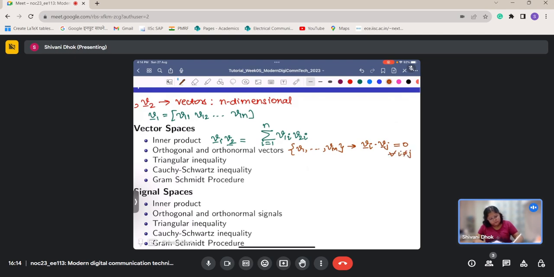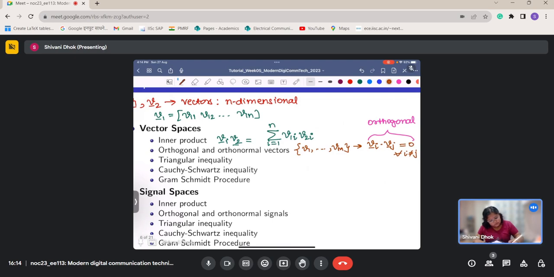If this property holds true, then these are orthogonal. And along with this orthogonality, if vi dot vi, which is written as norm vi square, is equal to 1, then if both of these properties are satisfied, together this is known as orthonormal.